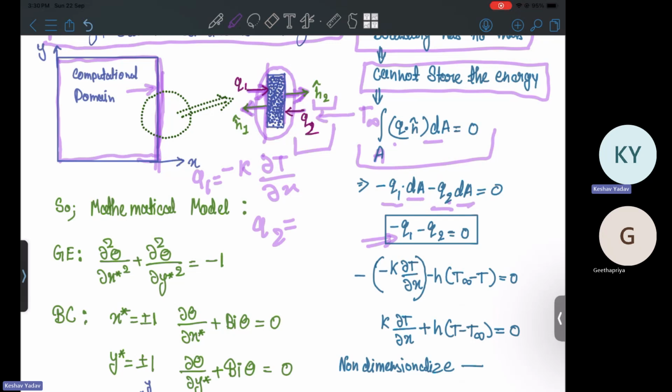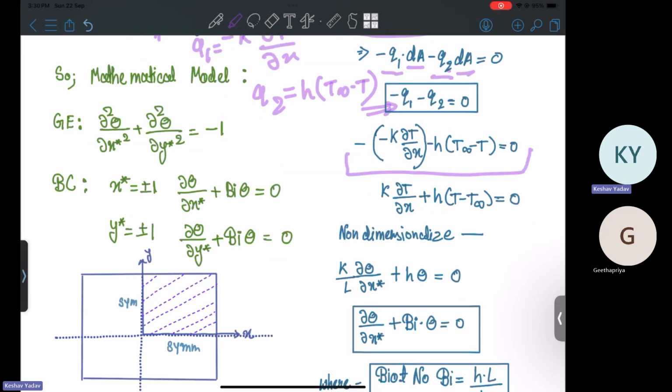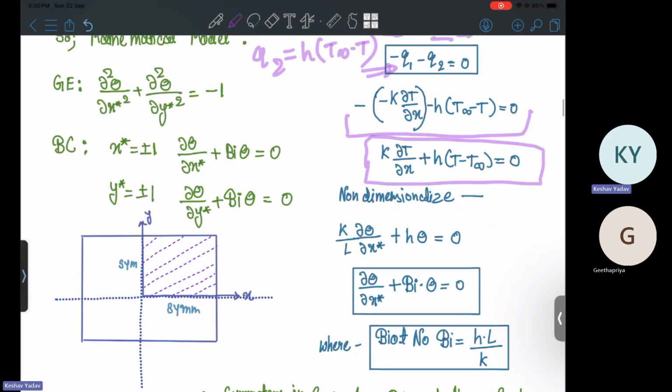Here the temperature is T infinity, and at the wall the temperature is T. So that will be equal to h multiplied by T infinity minus T. This is what I have put here. Now we can take minus common, and this is the equation that we will get. So this is the boundary condition.